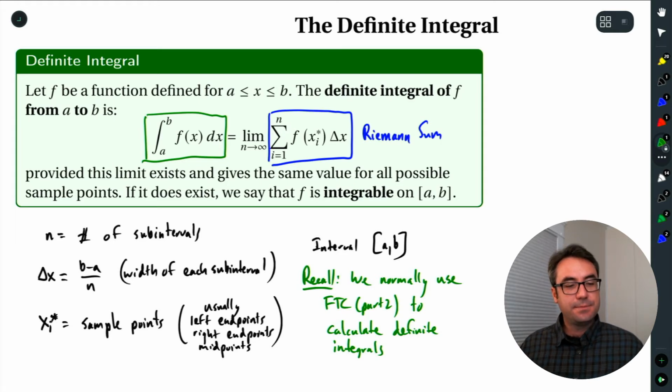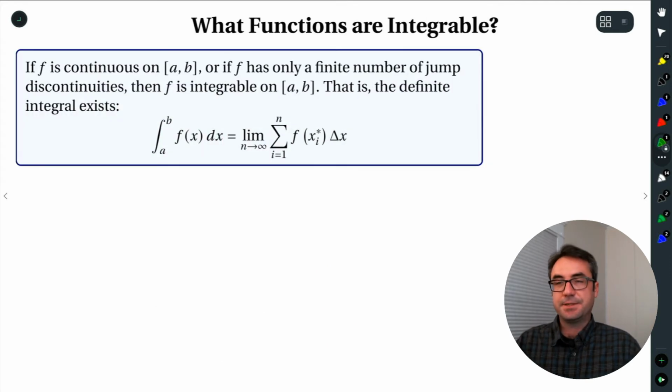And the question is, how do we know if a function is integrable? How do we know that this limit exists? That's something we haven't necessarily explored just yet.